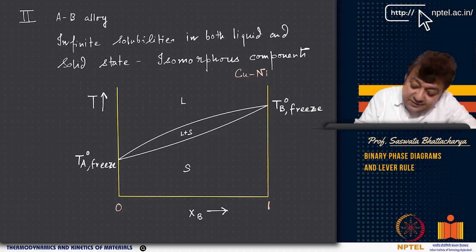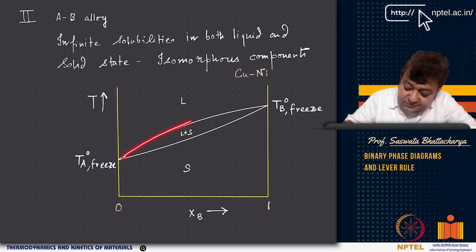That means copper is FCC, nickel is FCC, and the structure remains the same from Xb equal to 0 to Xb equal to 1, and you get this type of lens shape diagram.